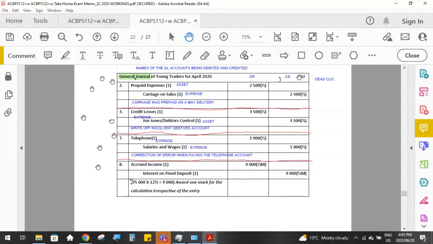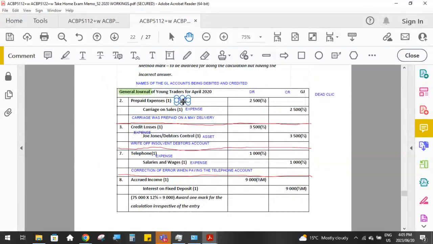Okay, so in the general journal, those are the only column headings that we need, because in each of our journal entries, we will be debiting an account and crediting an account, making sure that the debits and credits equal each other. And remember, we use the general journal for our sundry entries.